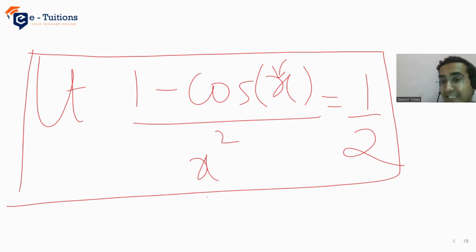Whatever the angle x we have in here, in the denominator it should be the square of that. You have to keep this in mind. Do not keep this formula straight away as 1 minus cos x upon x square, the limit is half. No, it will be confusing because we don't know what to take in the denominator. So in the denominator it should be the square of the angle which is associated with cos. Okay, I hope these formulae are clear.